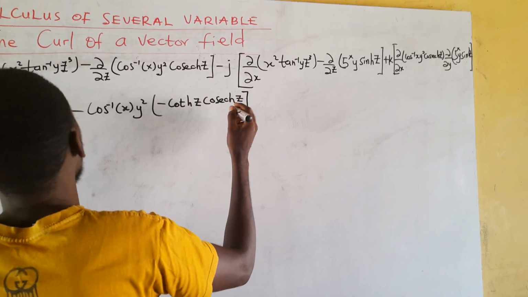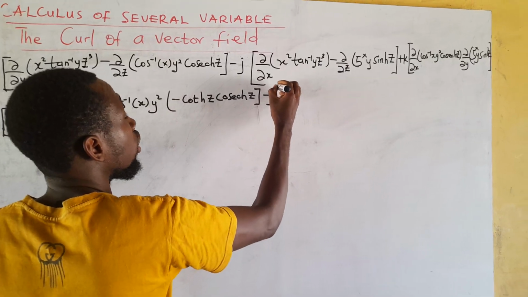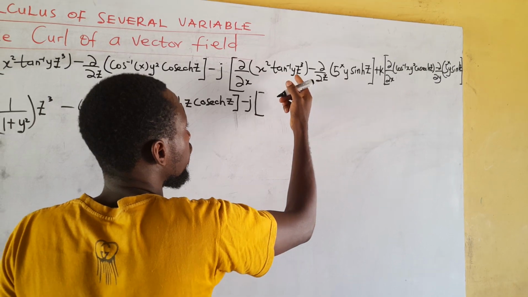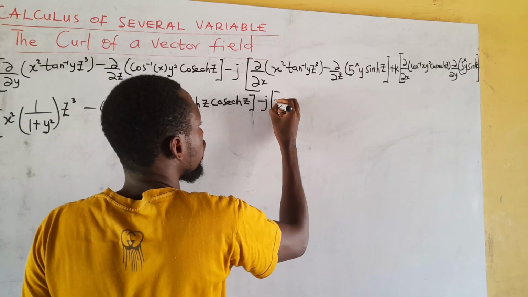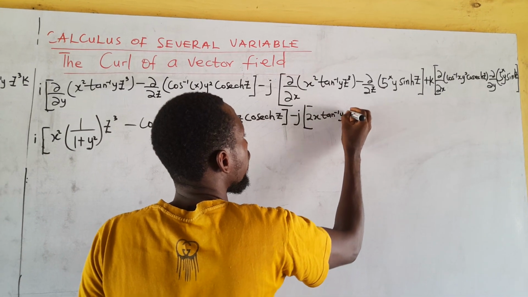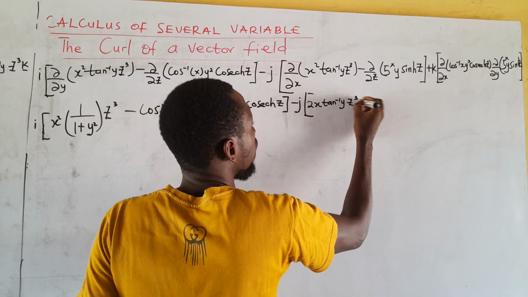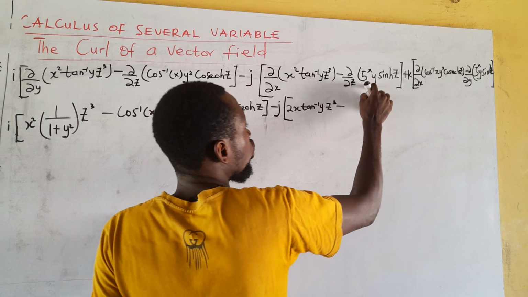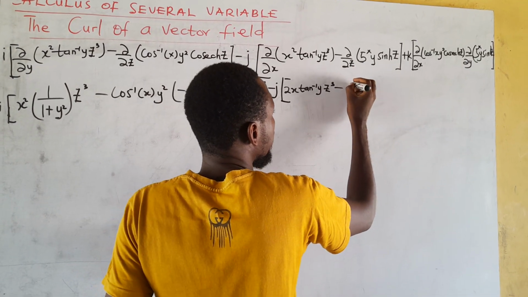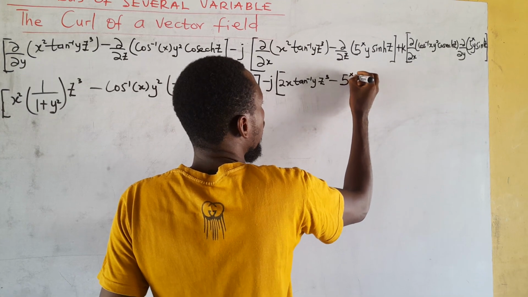Then minus j, the differential of this. So we are going to have the y and the z constant. On differentiating this, we just get 2x tan inverse of y z cubed. Then minus this one, we are going to have the x and the y constant and differentiate with respect to z. So we have e to the power xy.